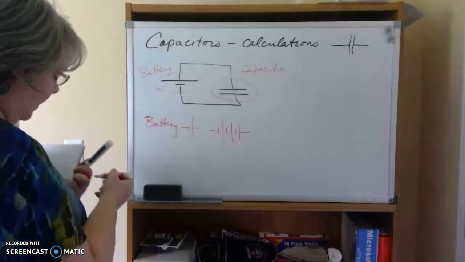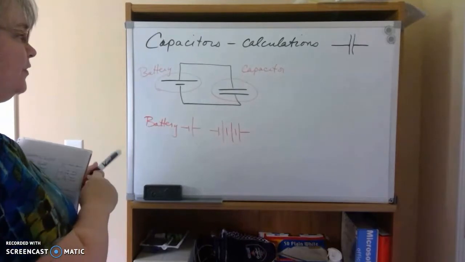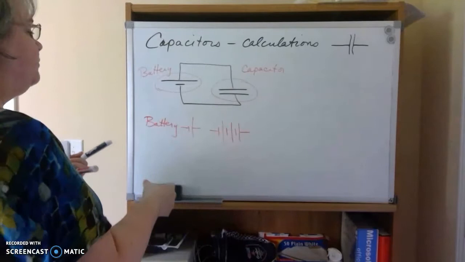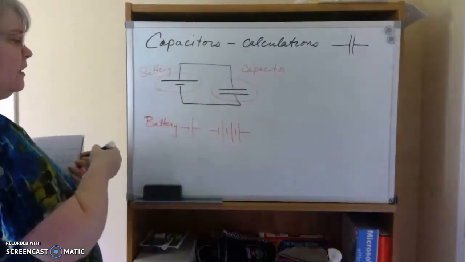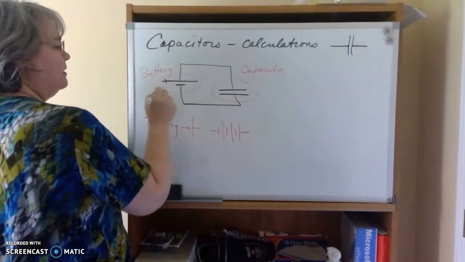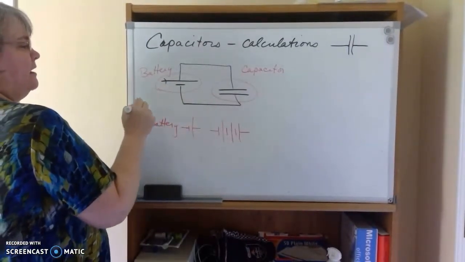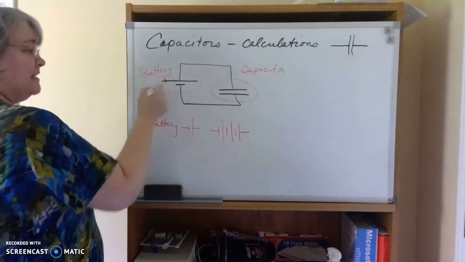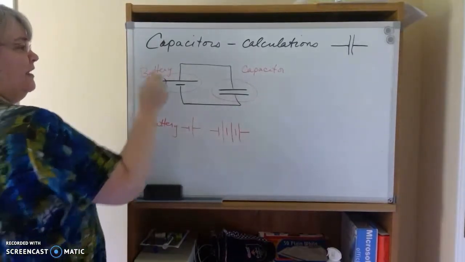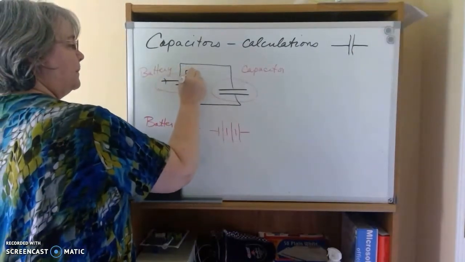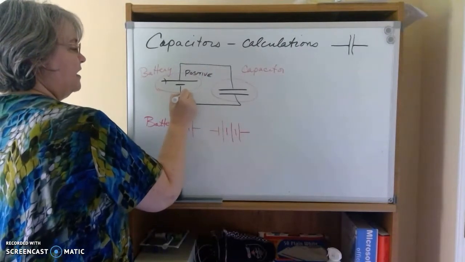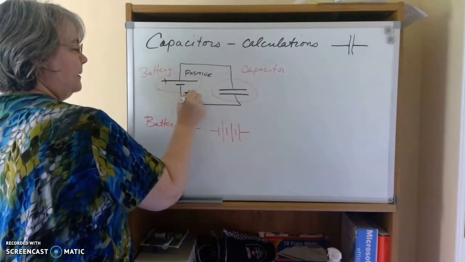That's a symbol that comes from applications. There's a short and a long. The long side is always the plus side. So sometimes I like to add a cross across the top one to remind myself that this is the positive side and the other side is the negative side of the battery.